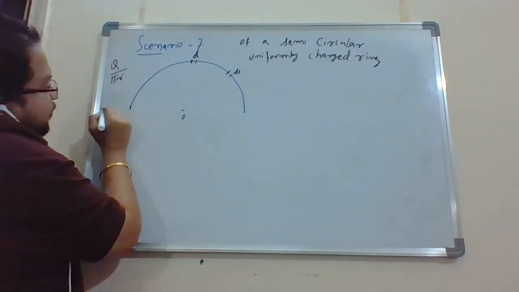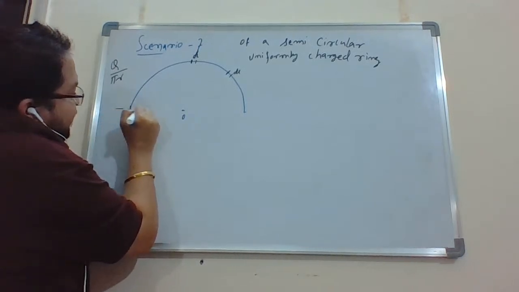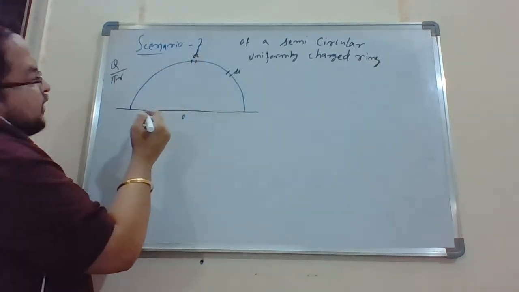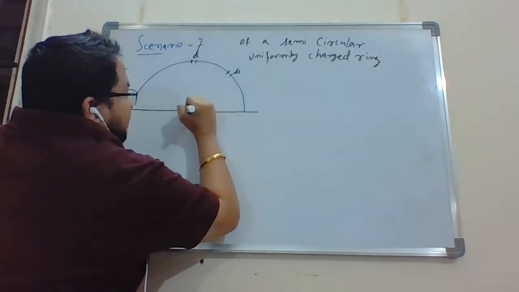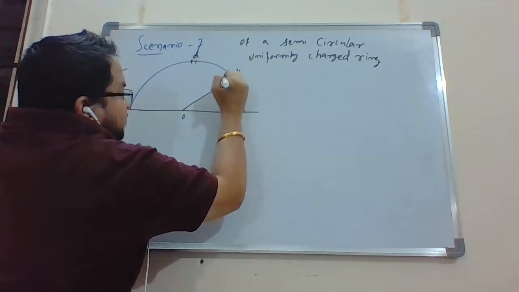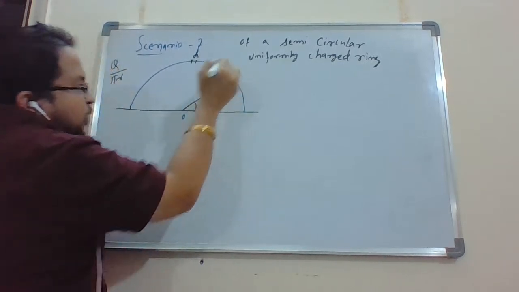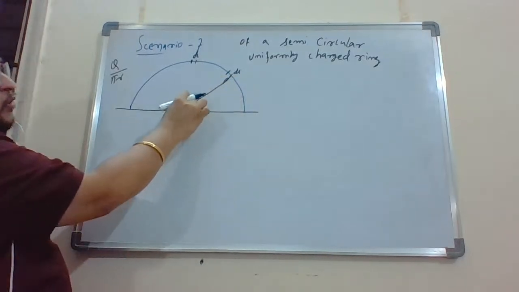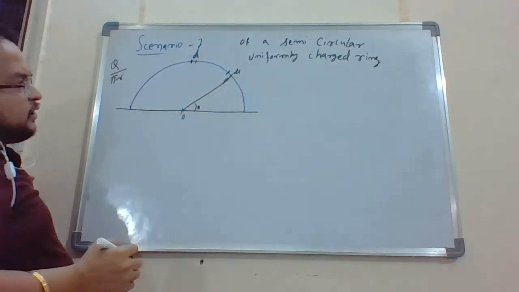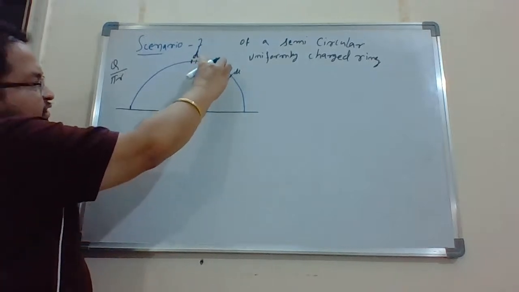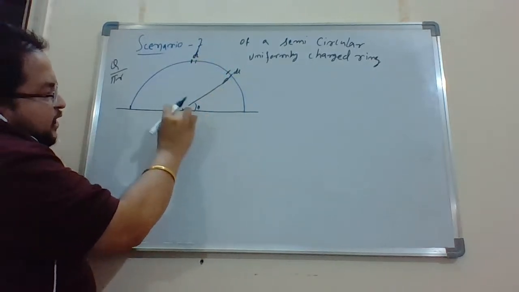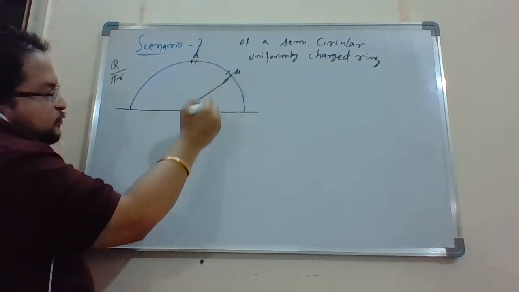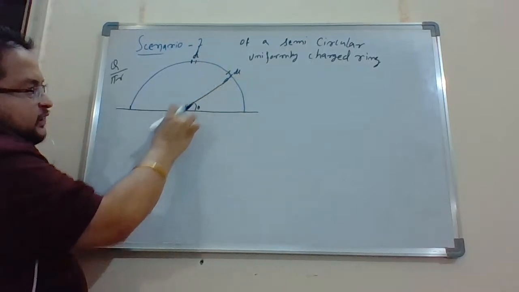If I take an interval dl over there, let me say that this initial part of dl made an angle theta with the center of it. Now you will be able to understand that if I want to find out the electric field intensity here, I'm considering this as my interval. So this will be my distance.